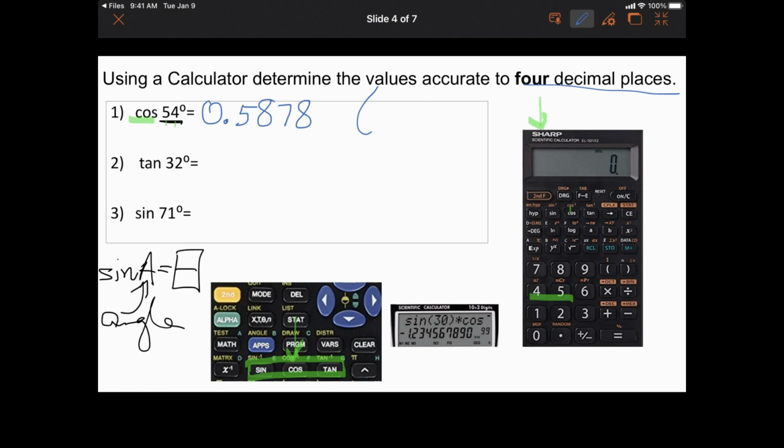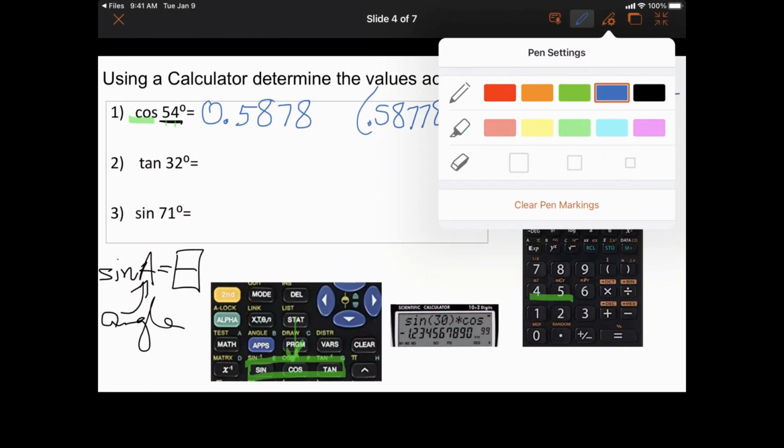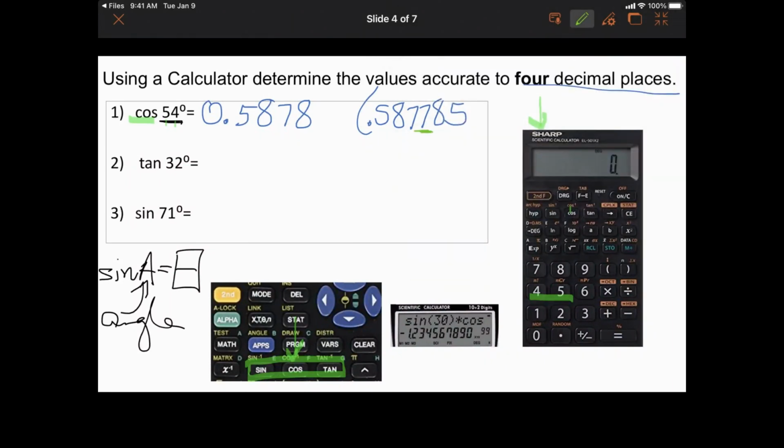So it was this. I'm rounding this up 1. Now I'm going to do tangent of 32, and I have 0.6249.